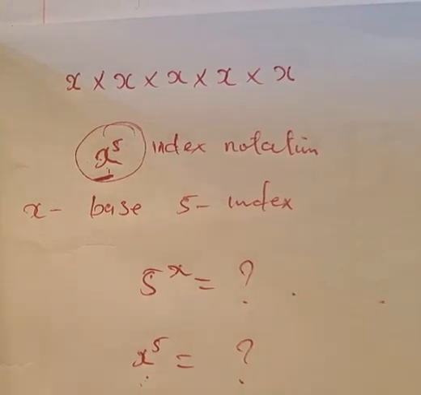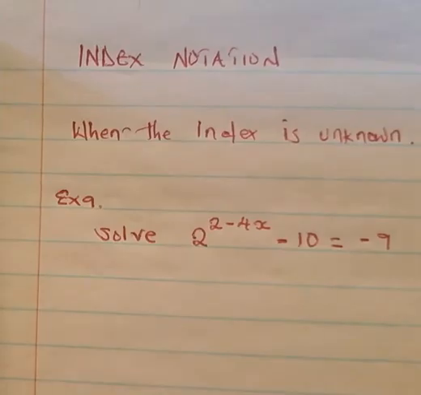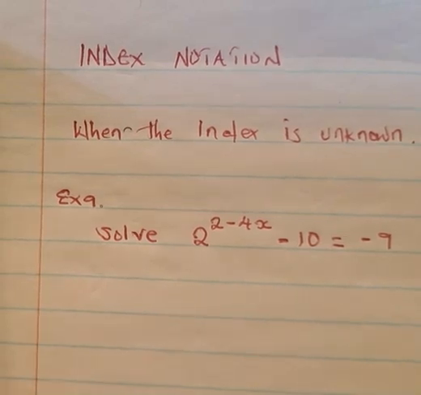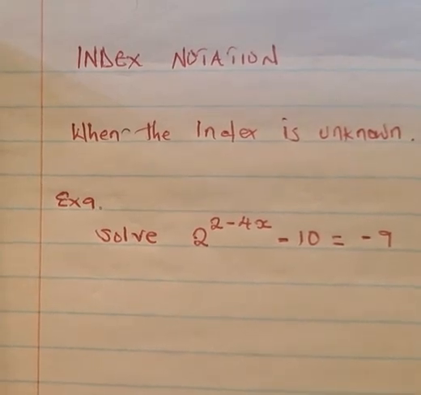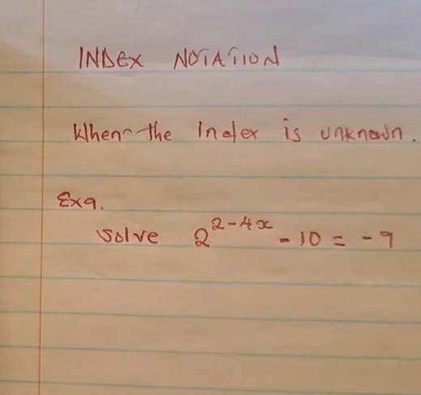Let's look at this example. Ta-da! There's this tricky question here. Solve 2 raised to power 2x minus 4x minus 10 is equal to minus 9. How do you solve such a question?